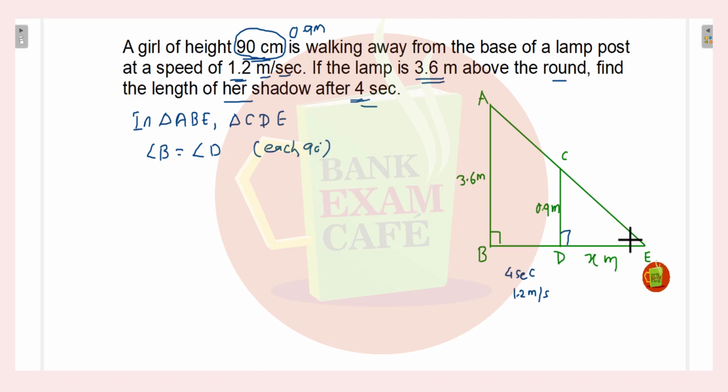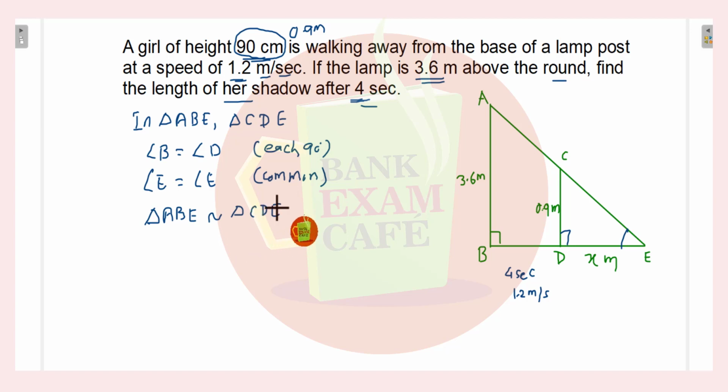And angle E is equal to angle E because common, and therefore by AA criteria these two triangles are similar. Therefore triangle ABE is similar to triangle CDE. These two triangles are similar by AA criteria.